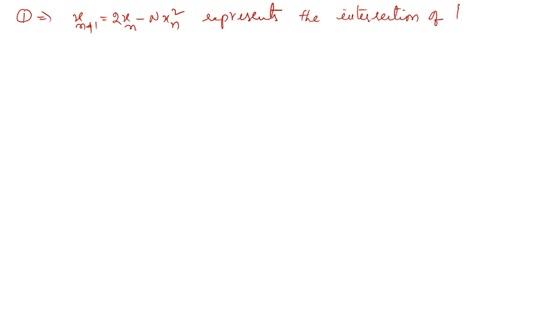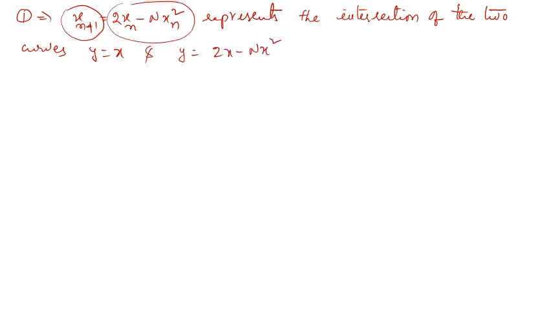Equation 1 gives xn plus 1 is equals to 2xn minus nxn square, which represents the intersection of the two curves y equal to x, left side, and y equal to 2x minus nx square, this right side.